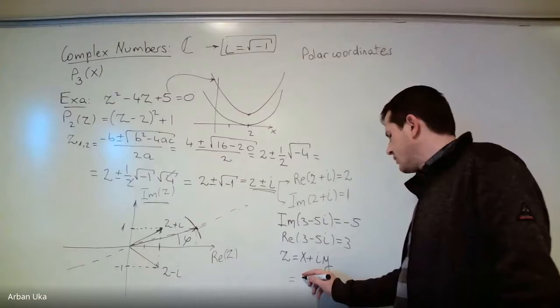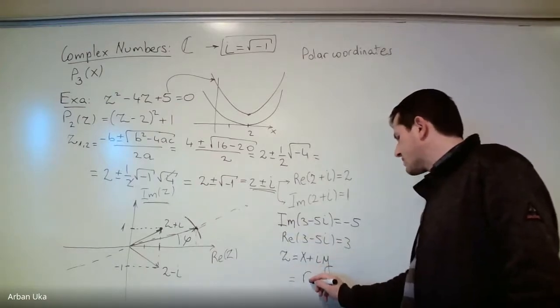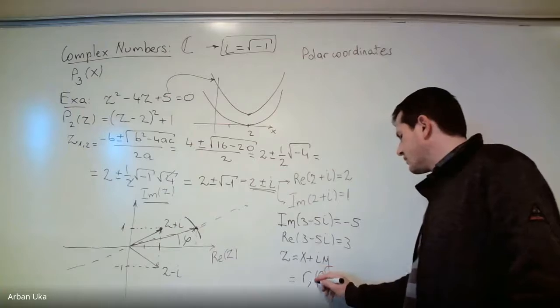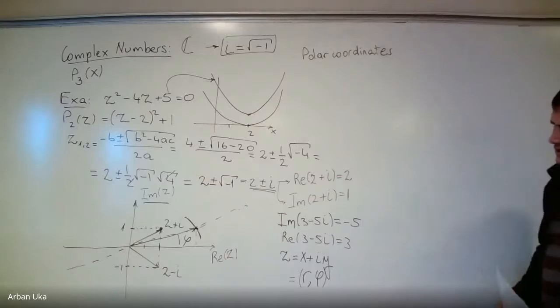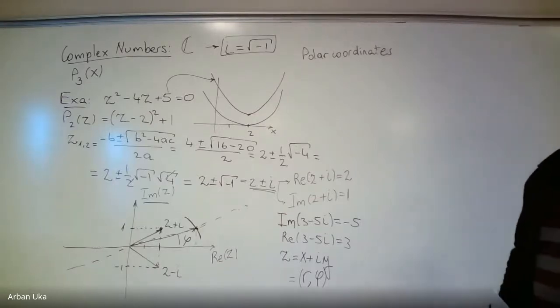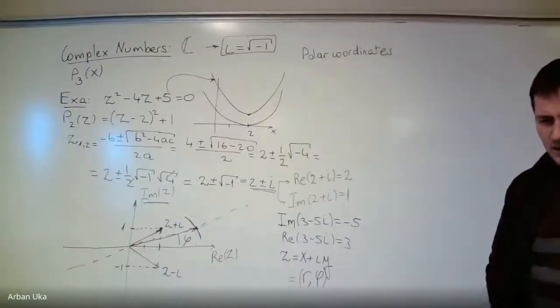So let's write that this z we can define for a fixed r and for a fixed angle phi. This is very essential, to be able to determine correctly where these points of interest are on this plane.